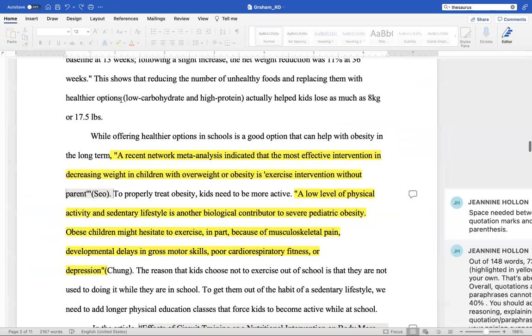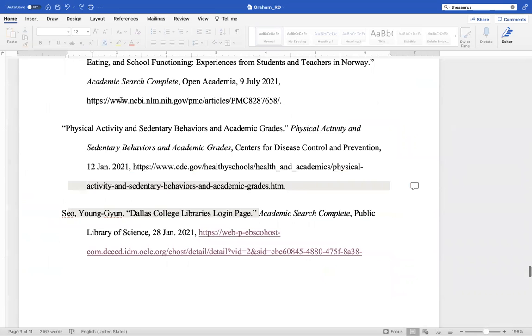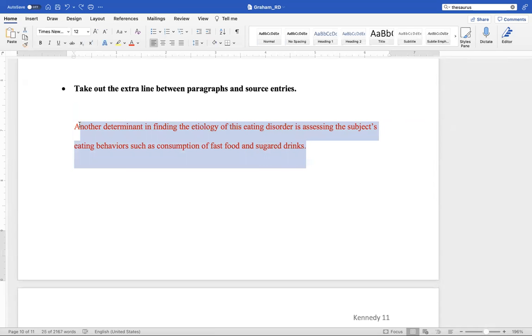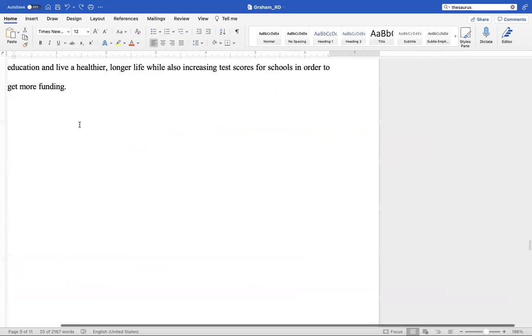What I did is I reworded it at the bottom over here. I kept part of it in quotation marks, and then this way.